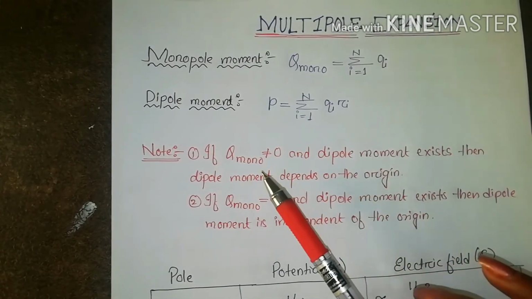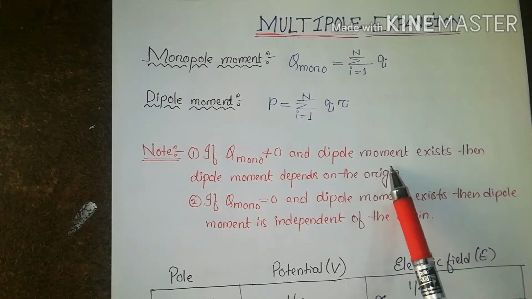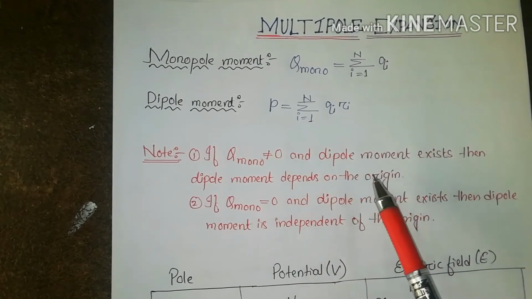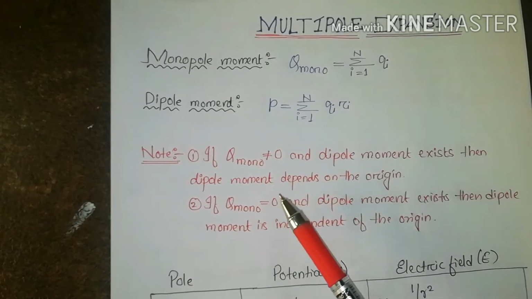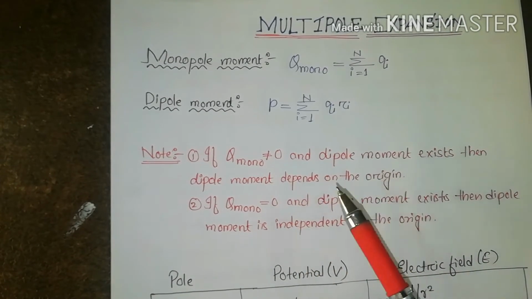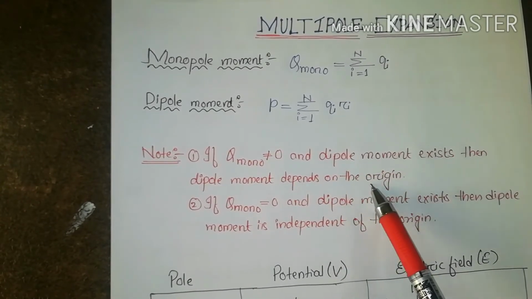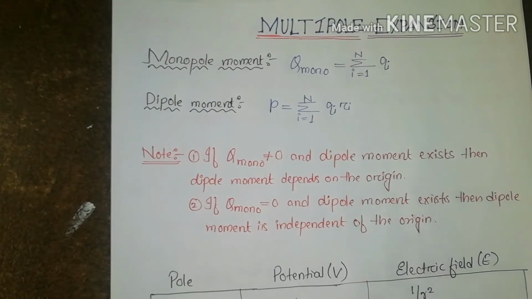Next, if Q mono is not equal to 0 and the dipole moment is existing, then the dipole moment will depend on the origin, meaning if Q mono is not equal to 0, then we cannot shift the origin, because in this case the dipole moment depends on the origin. These are the two important points that we have to keep in mind.